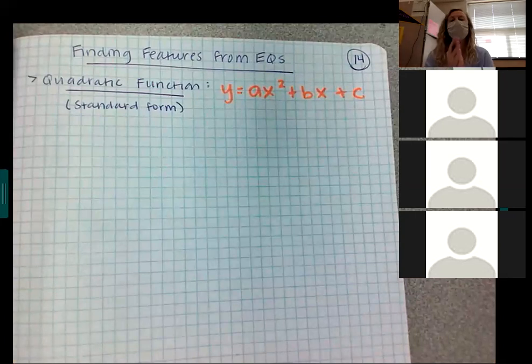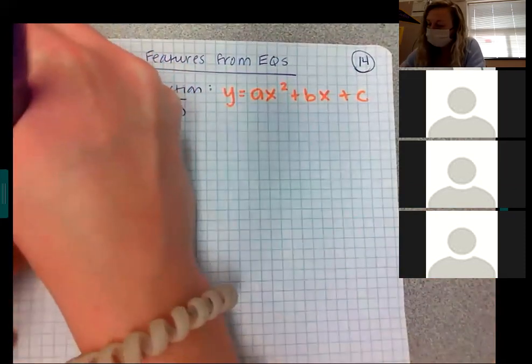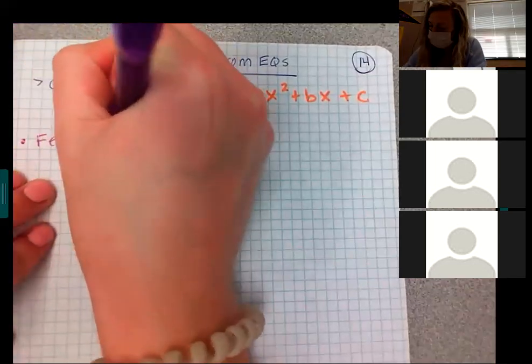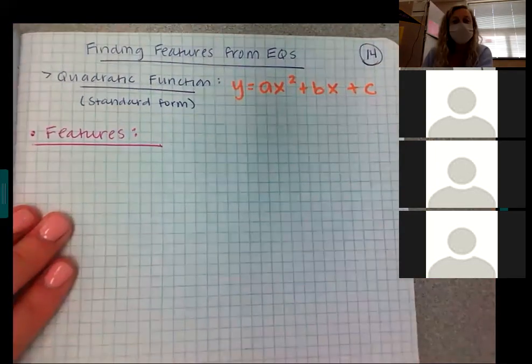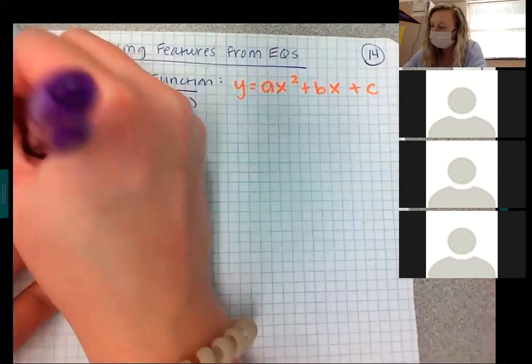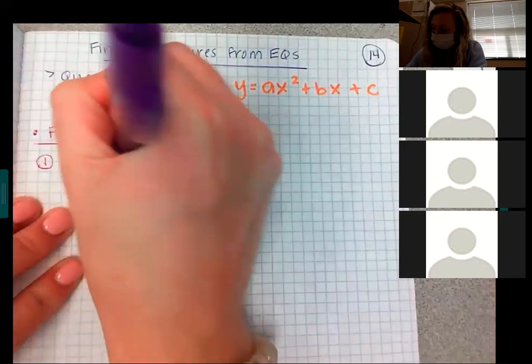All right, so easiest feature to find from a quadratic function in standard form. Let's make us a little table. And this is where you're going to put your notes. And then, like I said, we'll do 3 examples. The easiest feature to find is the y-intercept.